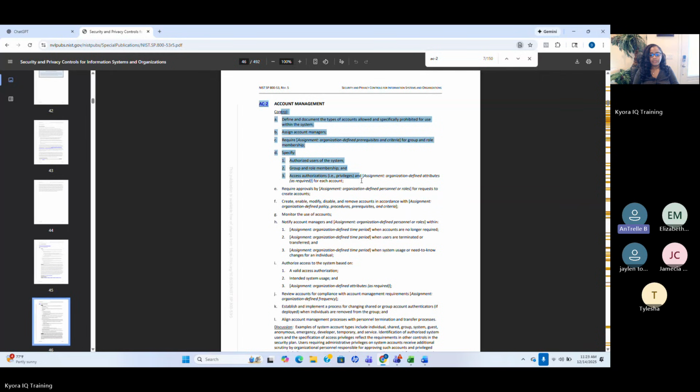These revisions come out, and no one would be able to know all of it, but a revision may change slight things in the controls. So when you're going through audits, isn't that something we want to make sure we're aware of?